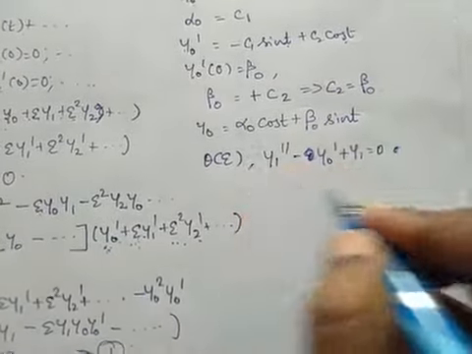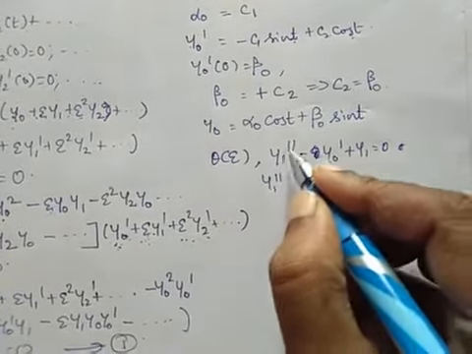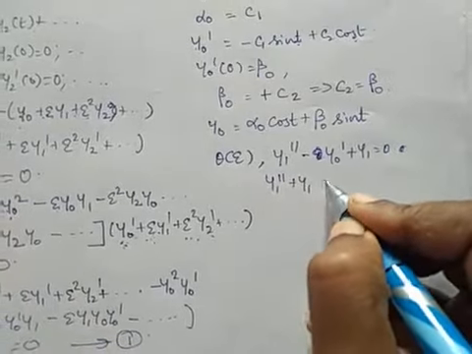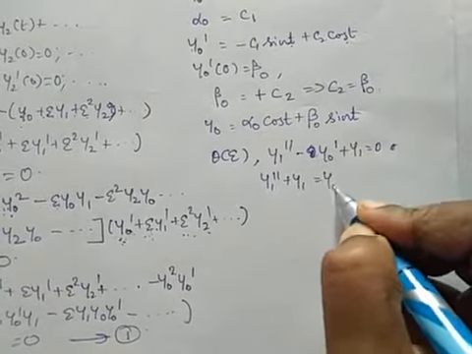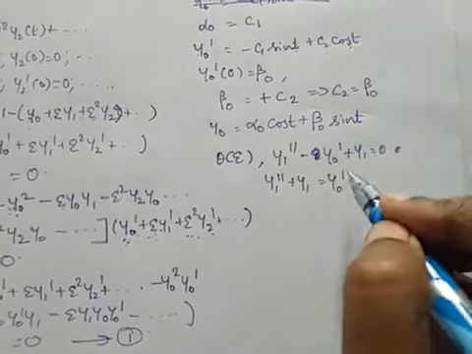So this is our equation. So our equation becomes y1 double dash plus y1 is equal to y0 dash. So if we differentiate this, we will get y0 dash.